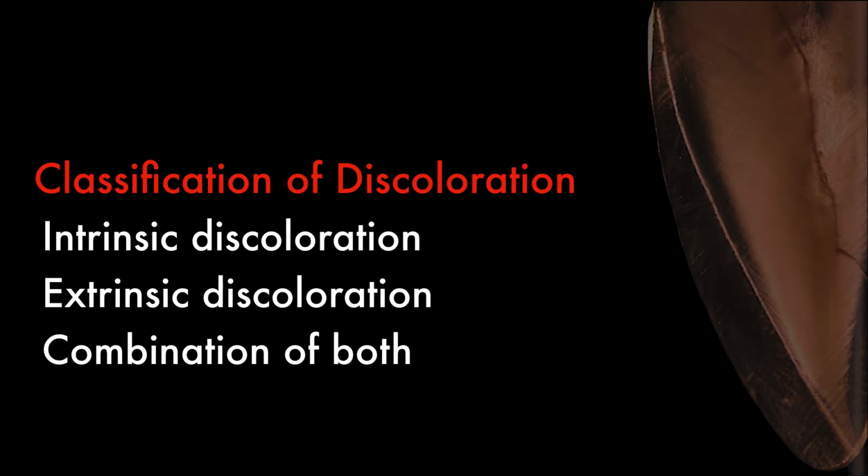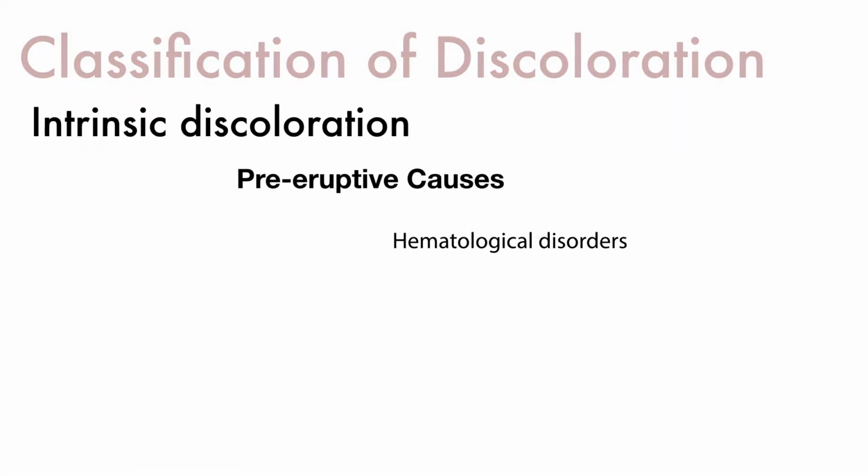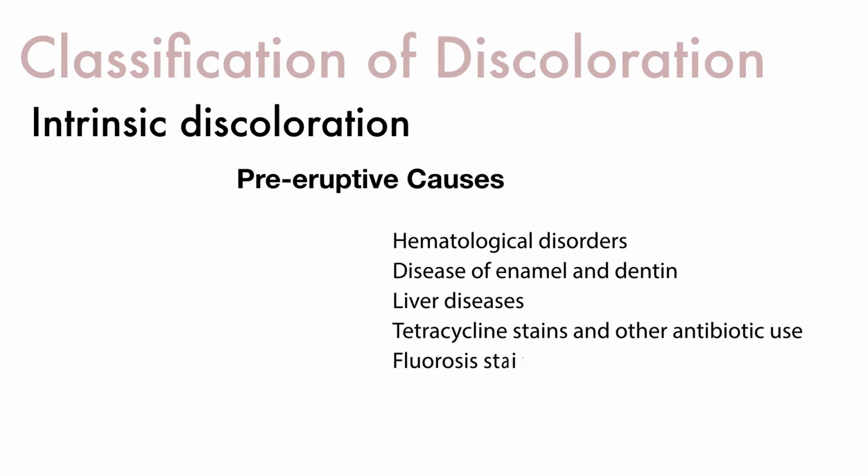For that purpose, you have to ask about the history of the patient and the relatives as well. Tooth discoloration varies in etiology, appearance, localization, severity and adherence to tooth structure. It may be classified, as I told you already, as intrinsic, extrinsic, and a combination of both. Intrinsic discoloration can be defined as discoloration which is incorporated into the structure of enamel or dentine.